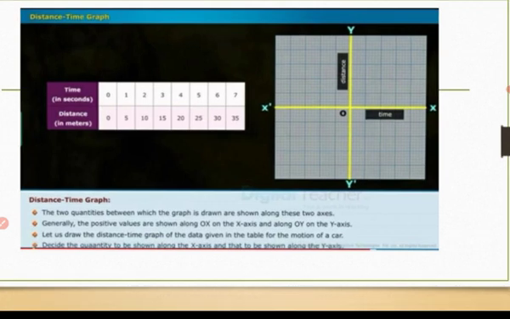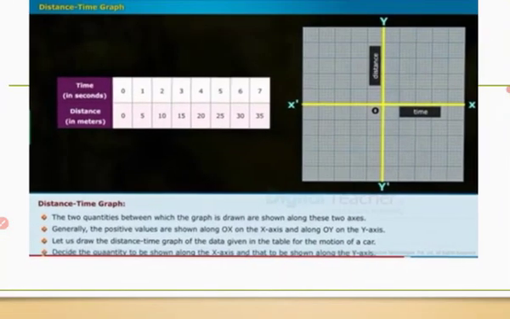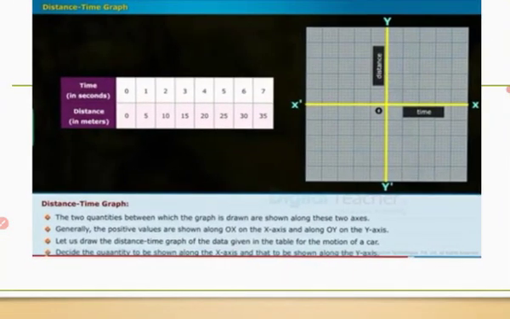Now in this graph we will study how we can represent distance according to time. Here you can see the distance; this is uniform motion or uniform speed, because in 1 second the distance is 5 meters, in the second second the distance is 10 meters, and in the third second again, so each second the distance covered by the object is 5 meters.